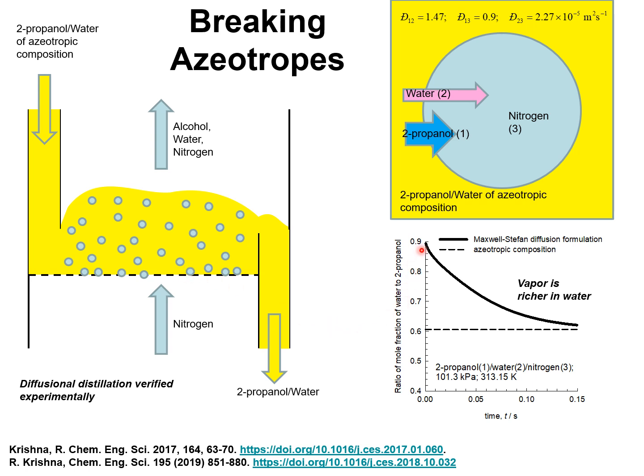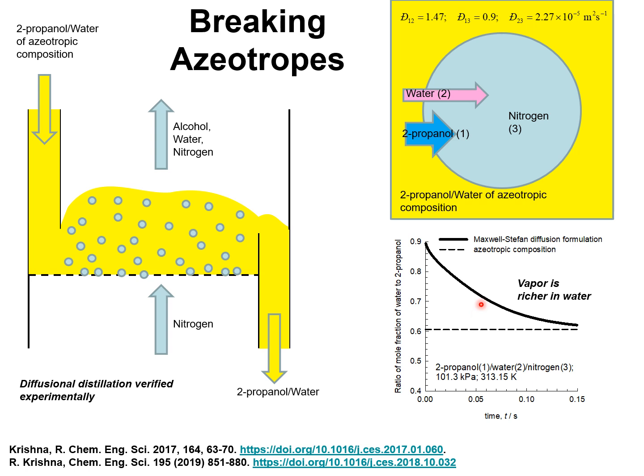This is significantly higher than the azeotropic composition, which is about 0.62. With progression of time, the ratio of water to 2-propanol decreases and approaches the azeotropic composition.